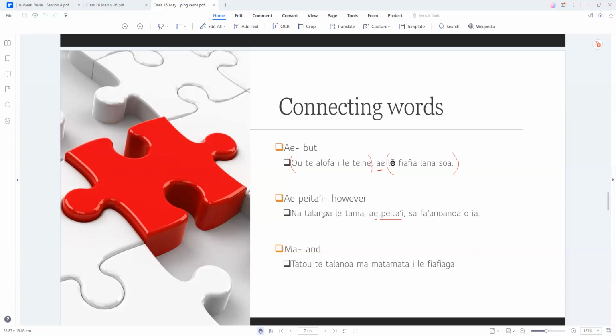So again, two whole phrases, and we can use two different tense markers. This one was "na talanoa le tama", so the boy spoke. However, he was sad.